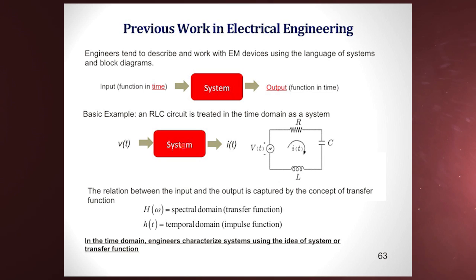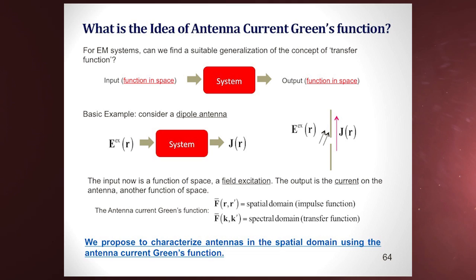So basically, the input is a function in space. The output is also a function in space, but the input is a field incident on the antenna.